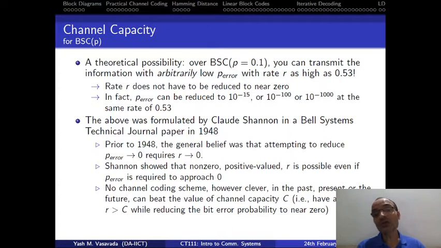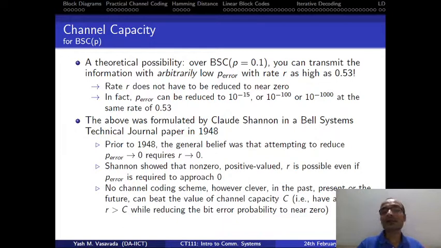Then came convolution codes, which are also a very powerful technique. The entire focus was on achieving this capacity bound, which for the binary symmetric channel is 1 minus HB of P. And so that is where we are concluding this topic of channel coding.